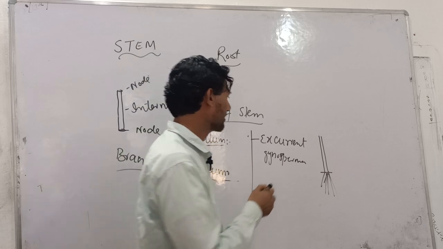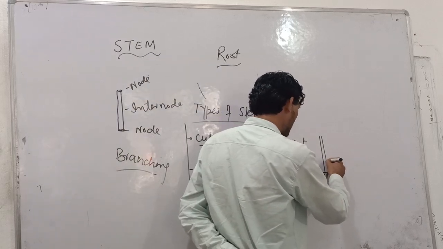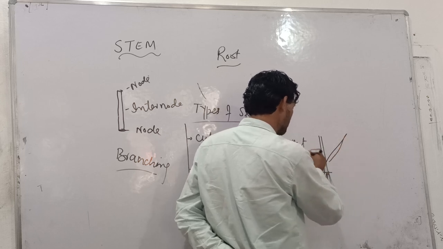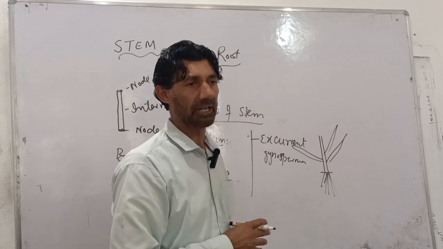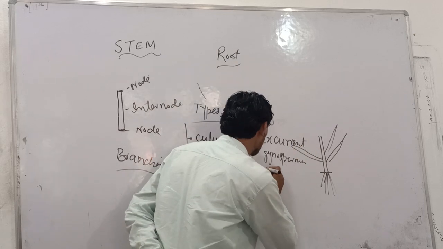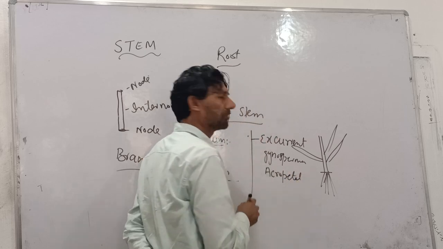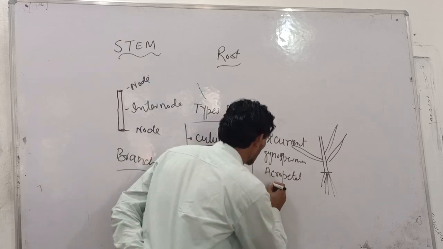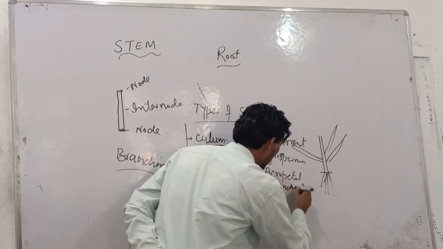You have a main trunk, and the branching pattern is present, but this branching pattern is acropetal branching.